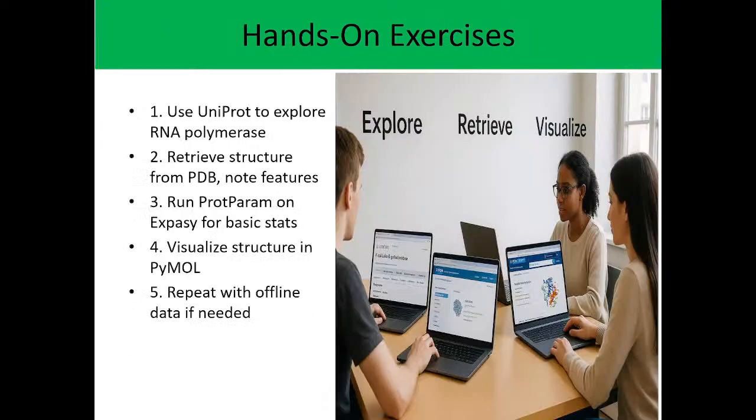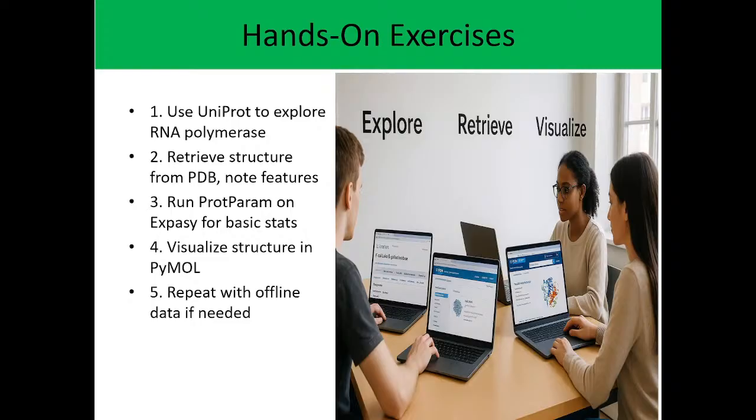And when the time comes, there are going to be hands-on exercises on how you can use UniProt to determine the function of RNA polymerase. By now, you should know the function of RNA polymerase. That is exactly the enzyme that starts transcription, okay?